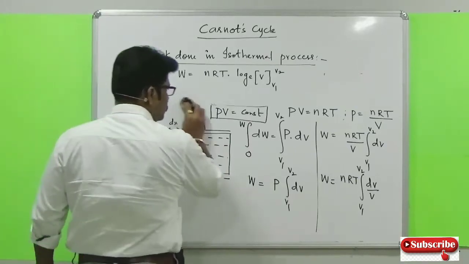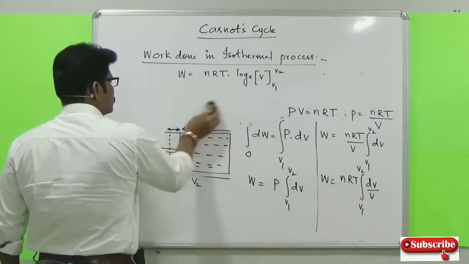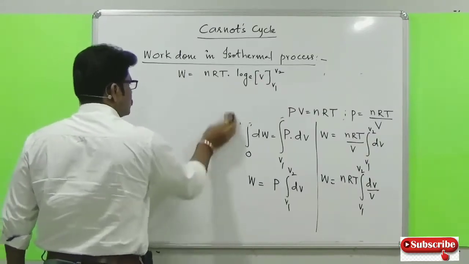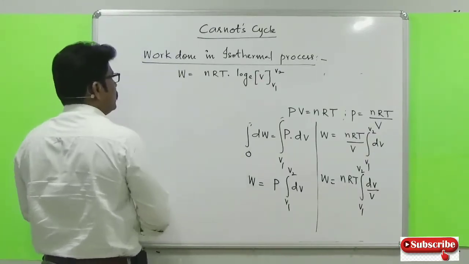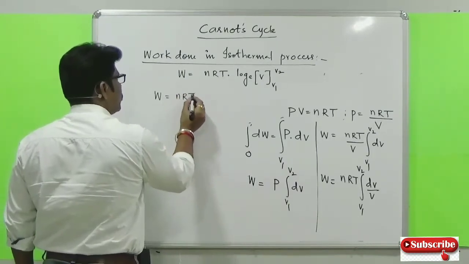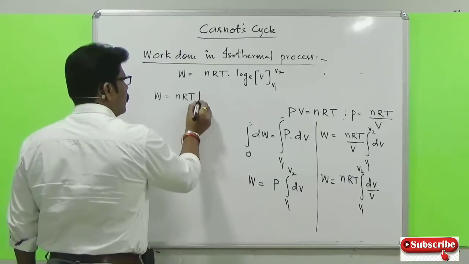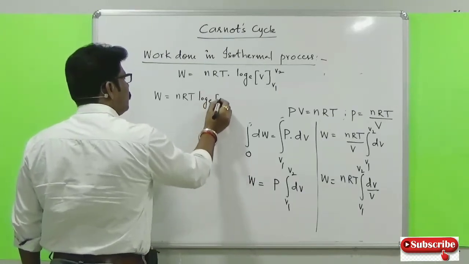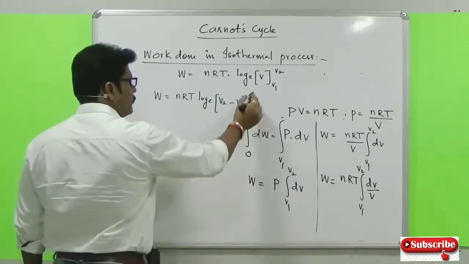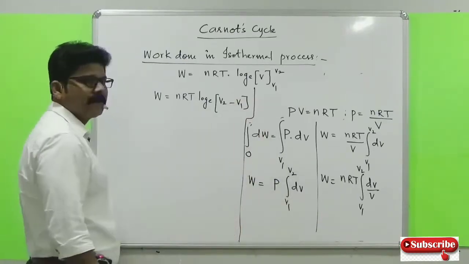So W equal to nRT log of base e V2 minus V1. Upper limit minus lower limit.